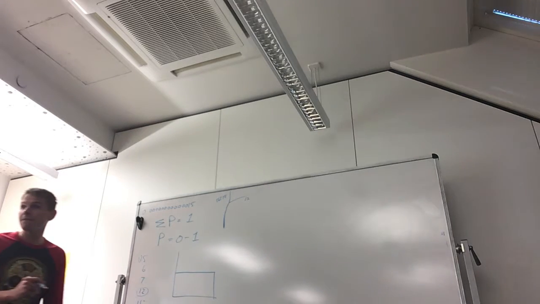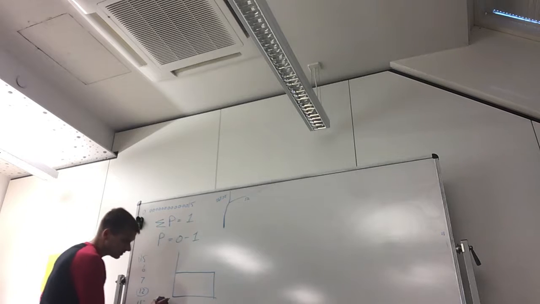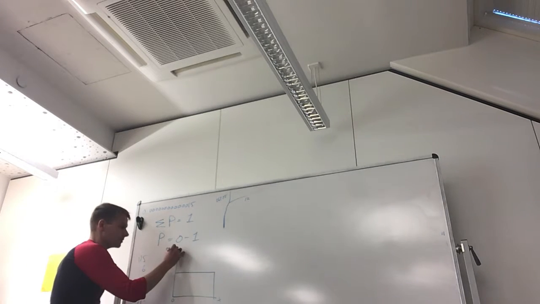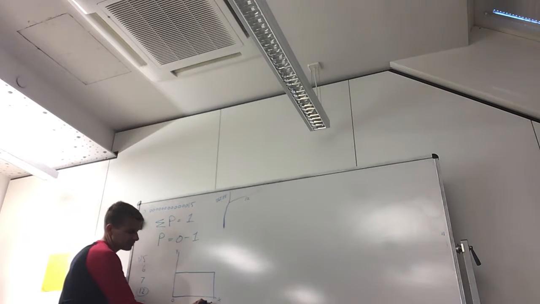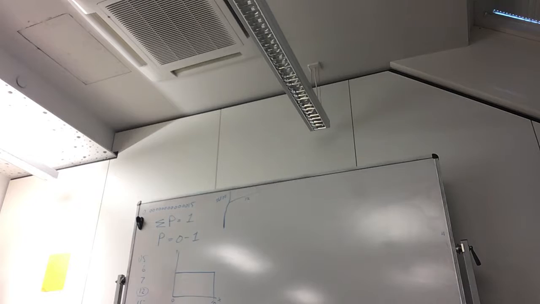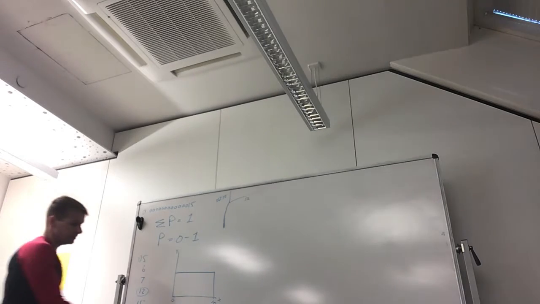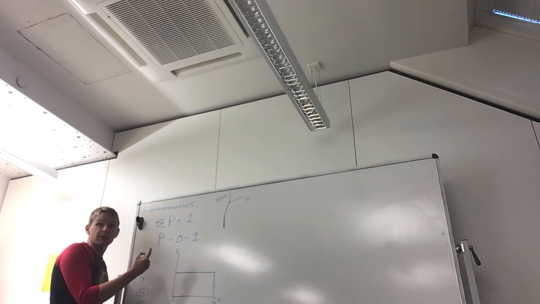Meaning that over some range, in this case 0 to 10 minutes on the x-axis, just like we have with this one, from 0 to 10, we have some sort of probability.